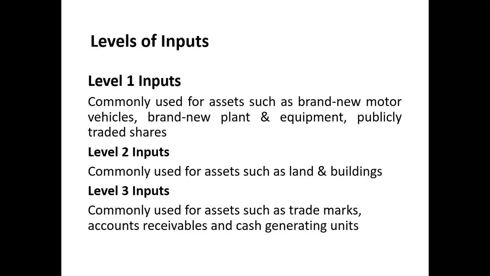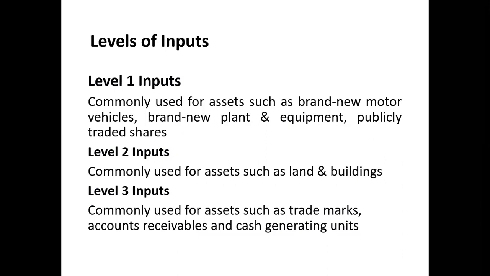Level 1 inputs are commonly used for assets such as brand new motor vehicles. Those are basically identical, so for brand new motor vehicles, brand new plant and equipment, and also publicly traded shares, we can have quoted prices. The level 2 inputs are commonly used for assets such as land and building. You don't have the identical land or building, but similar land and building. So if you are to work out a price, you can start with the price of a similar land, then work out the price for yours.